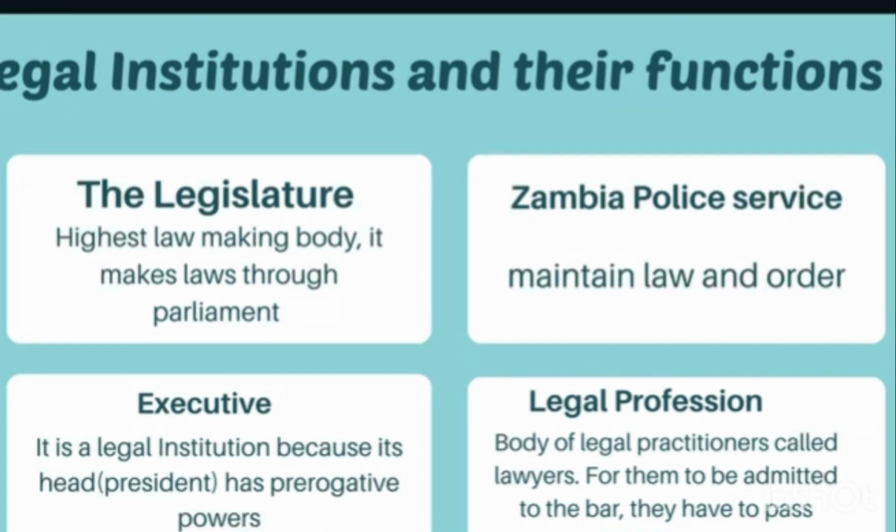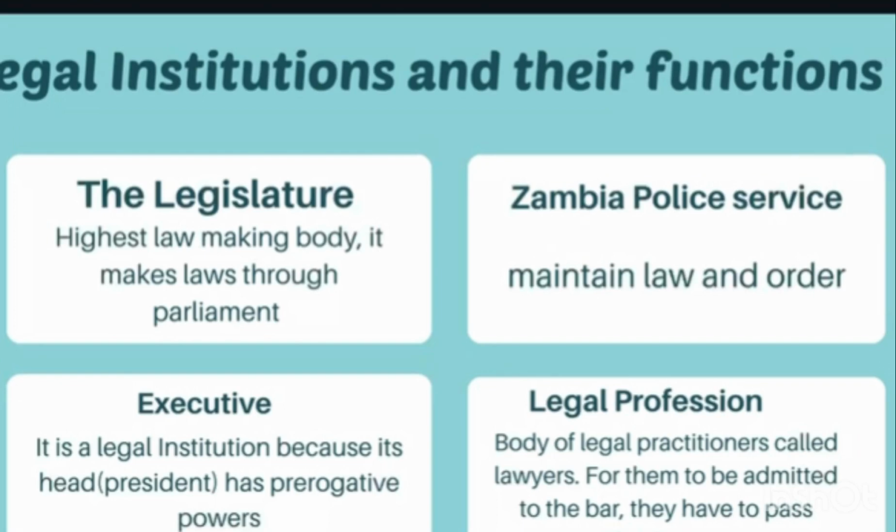So the first institution is the legislature. Of course, you know this one. We talked about it under the sources of law. It is the highest lawmaking body. It makes laws through parliament. And we discussed what parliament comprises. The executive. The executive is a legal institution. Why? Because its head, who is the president, has got prerogative powers.